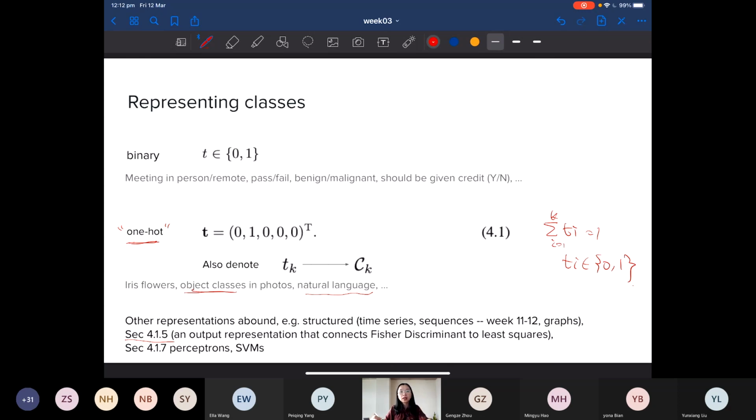And then in section 4.1.7 and the kernel machine section, the alternative representation is that the class label is +1 or -1. This is convenient in certain cases. Right.